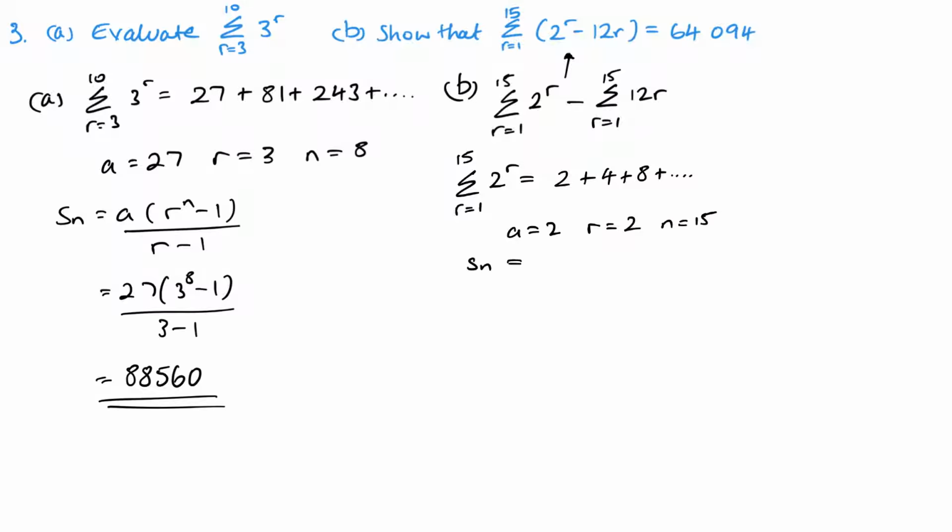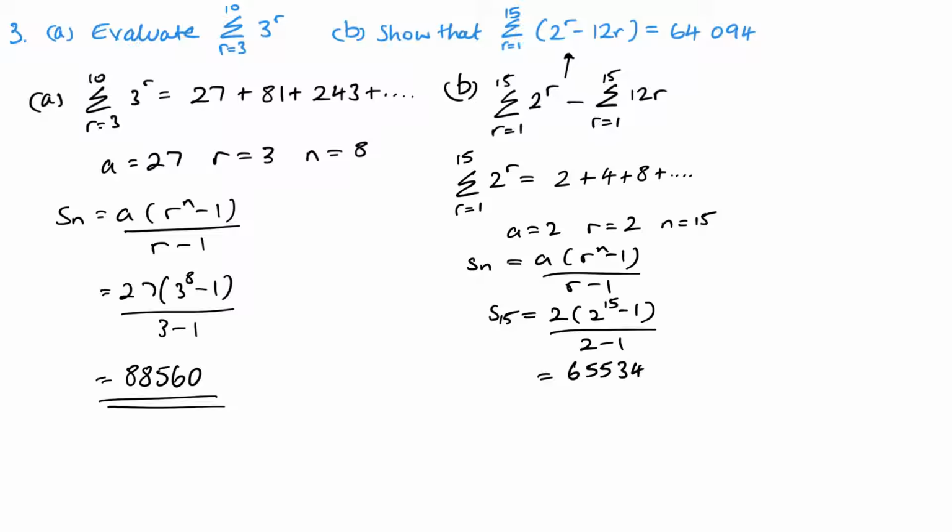So sum to n terms, remember, is a(r to the n minus 1) over (r minus 1): 2 times (2 to the power 15 minus 1) over (2 minus 1). Remember, you're always writing down your formula at the start, as the more practice questions you do where you're writing the formula down, the more it will stay in your head. So that's my first bit.